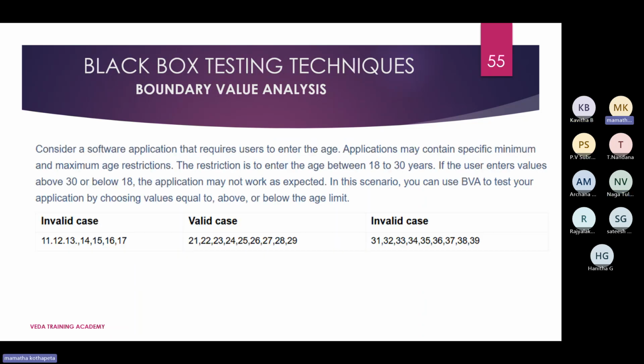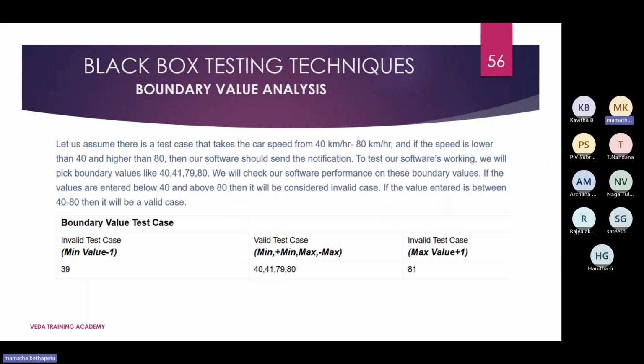Excellent. This is another example of 18 to 30 years. We have written invalid, valid, and invalid cases. This is another example. Here boundaries are 48 and 80. So we have written minimum value, maximum value plus 1. Everything is similar. Just wanted to showcase the different examples.